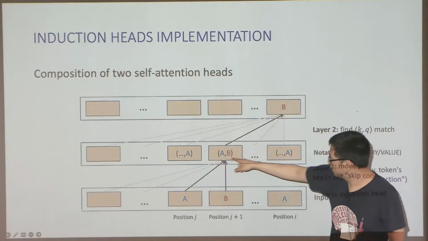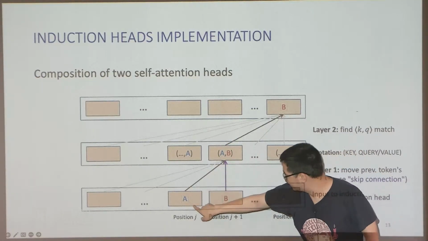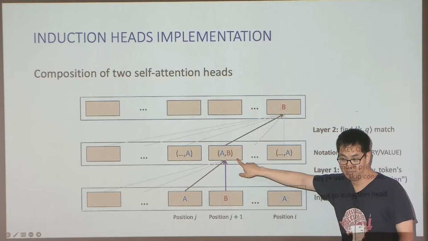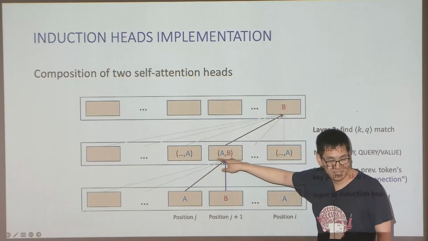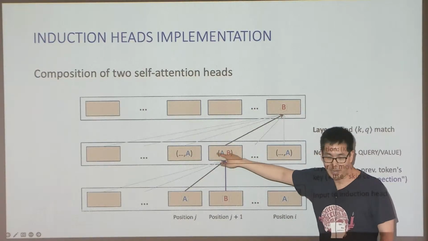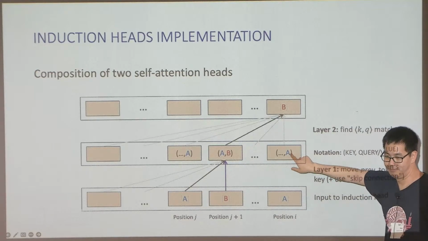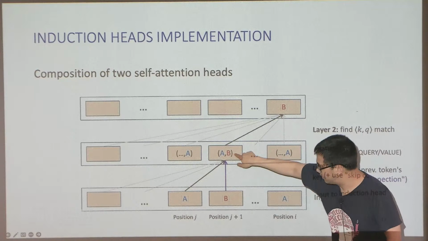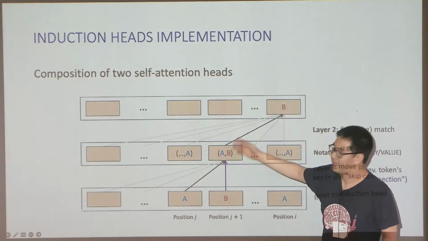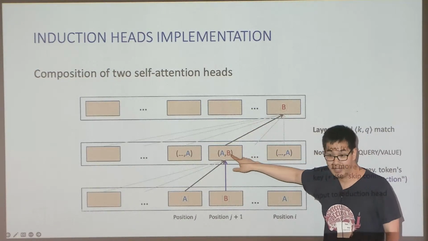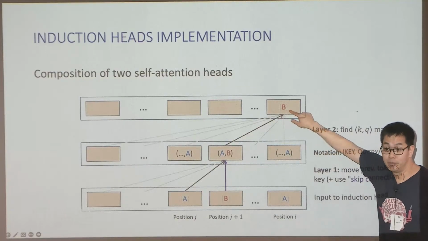The one it's going to match with is the one here, not the one in position J, but in position J plus 1, because now this position has the key token for A. So we'll match the query for A here. And now when you attend just to this position, you will know that the value should be whatever the value is for B, and that's what we'll output in this position.